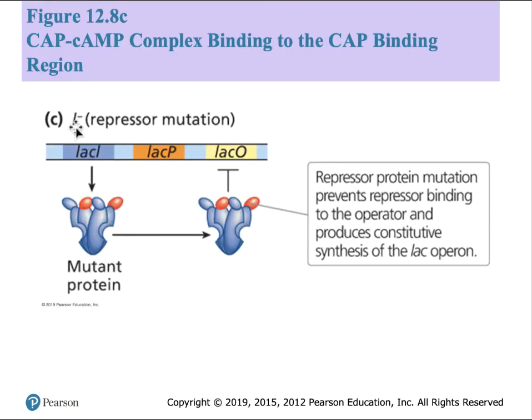In this example, the Lac-I gene is once again mutant, but instead of not producing any protein, a null mutation, it produces a protein which has a defective DNA binding domain. Therefore, it's unable to bind to the Lac operator, but it can still bind to the allolactose.